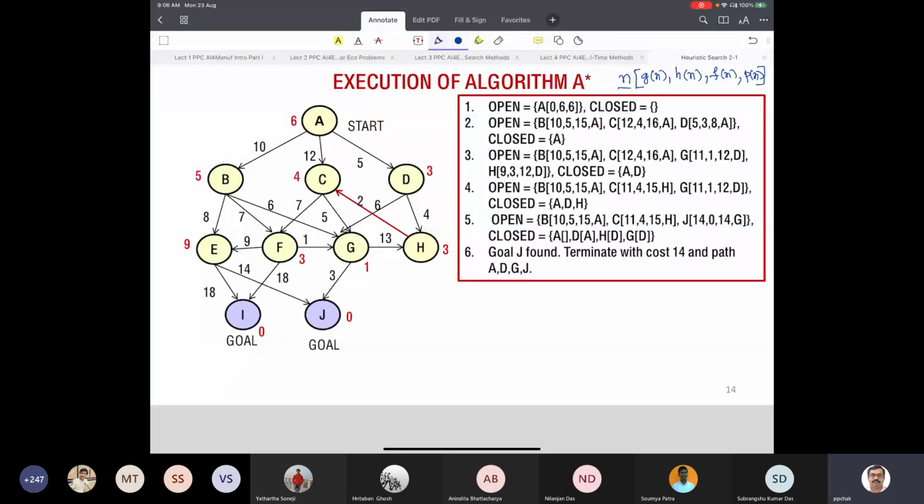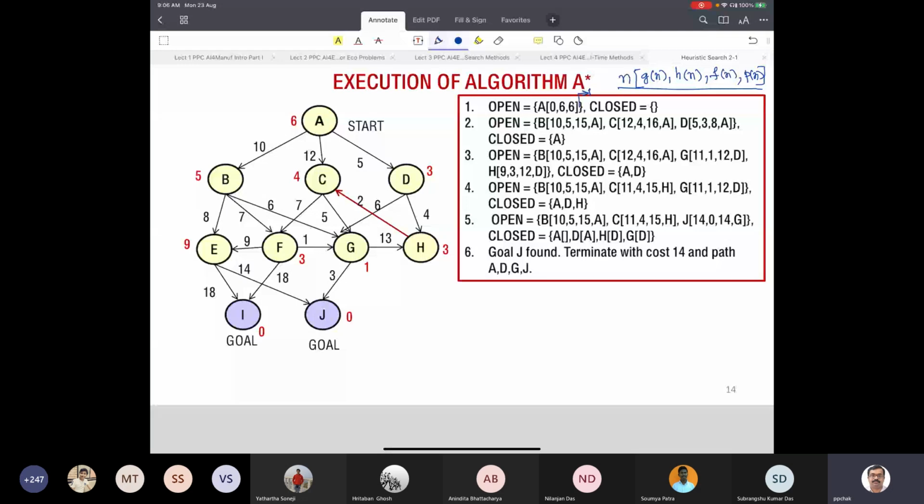I will maintain these 4 entities: the Gn, Hn, Fn, Pn. So initially A, and what is the parent of A? Null. So the parent of A is null. So open consists of node A and closed is empty. So this is step 1.